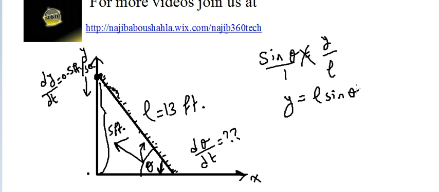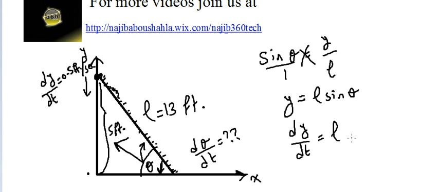The fastest way to find our answer is to differentiate both sides of this equality with respect to time, because we already have dy/dt.